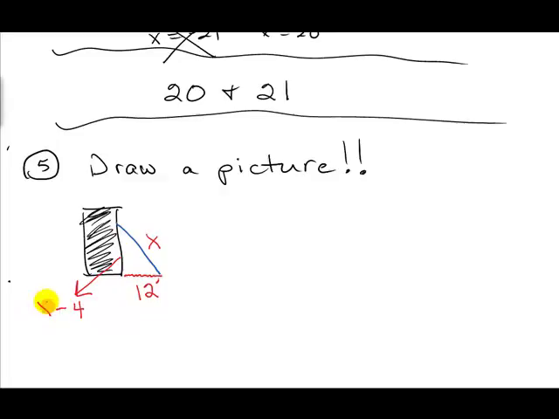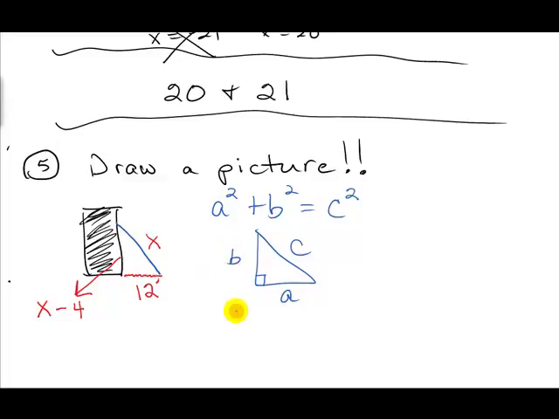Now the other thing we need to use here is the Pythagorean theorem. So a squared plus b squared equals c squared. In a triangle, the c is always across from that square corner. This can be a or b, this could be b or a.